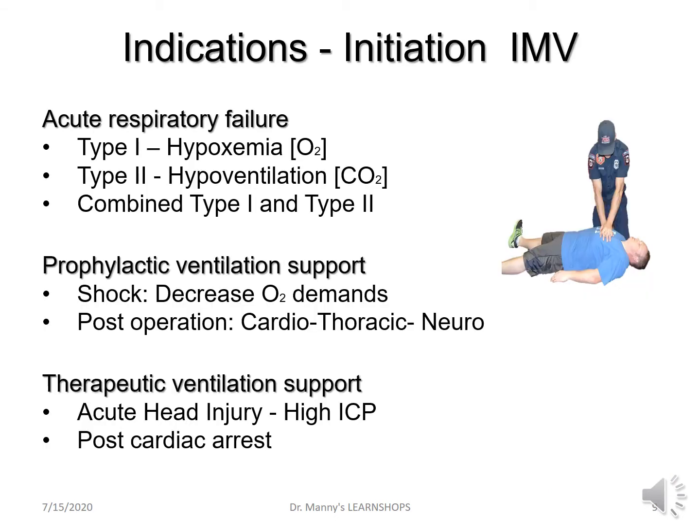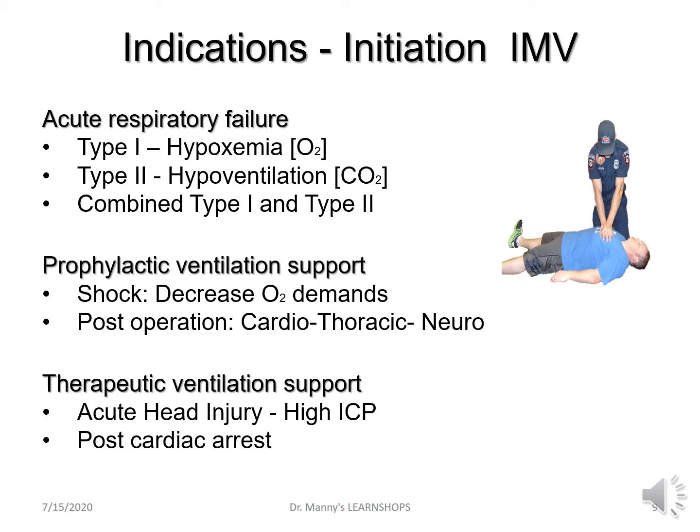What are some of the indications to initiate IMV? Well, they could be acute respiratory failure. In previous courses, we discussed type 1 and type 2 respiratory failure, which relates to hypoxemia and hypercarbia, or it could be a combination of both.